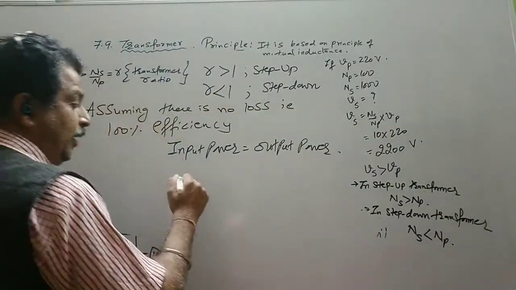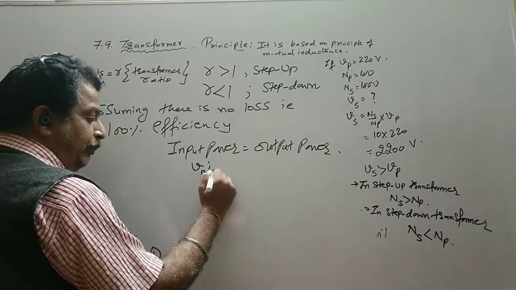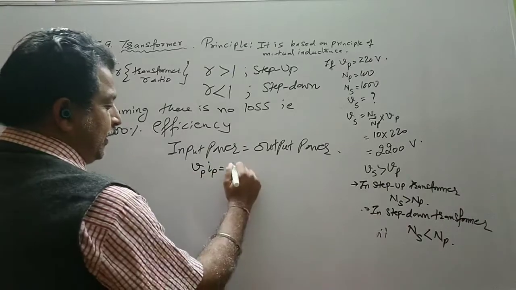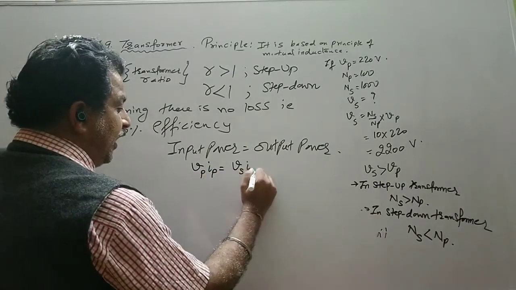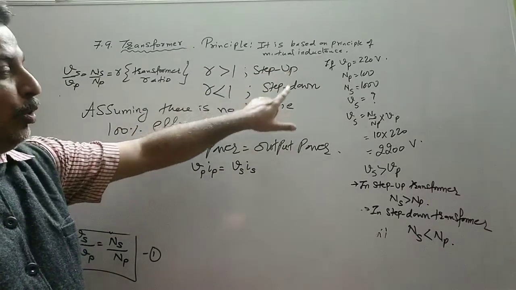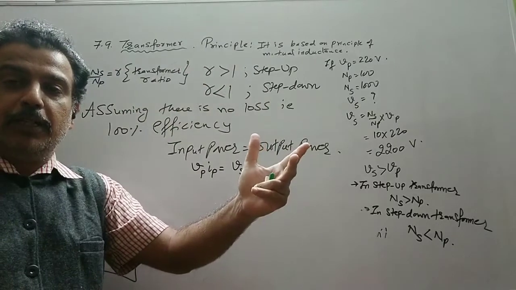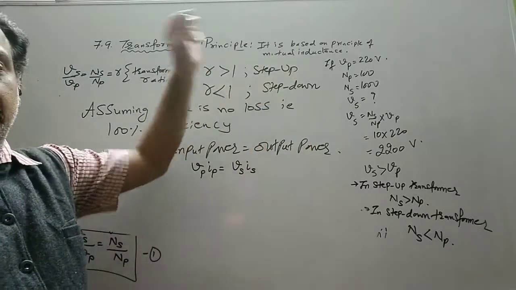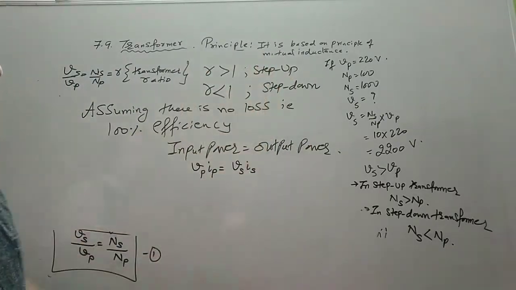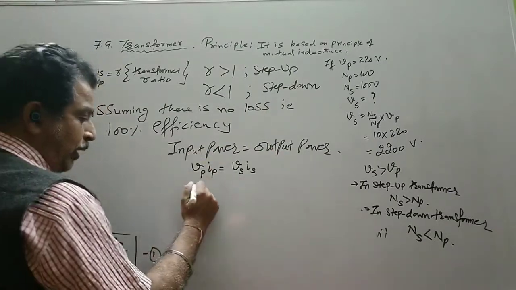So what will be the input power? Input power will be equal to Vp Ip, that is equal to Vs Is. So whether you have a step up transformer or step down transformer, and if both are ideal transformers, then always take the input power as equal to the output power.